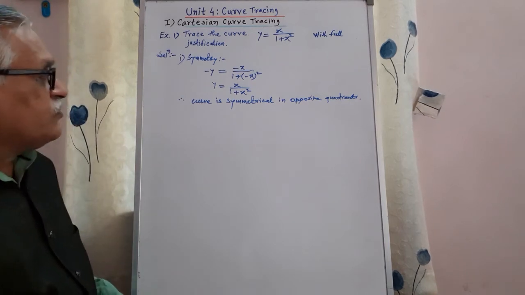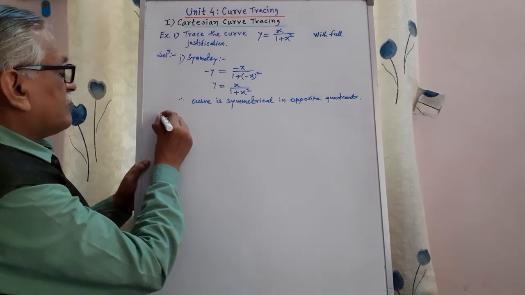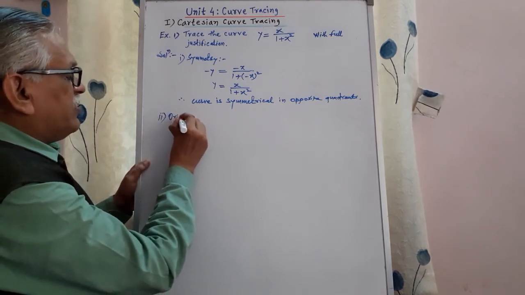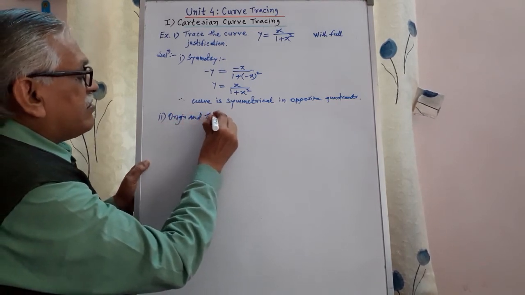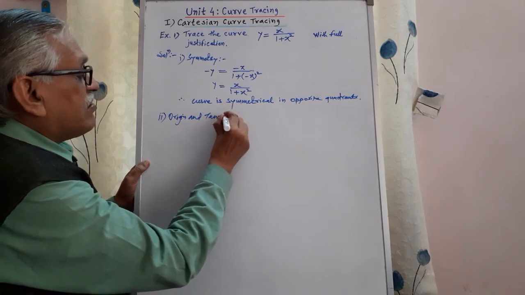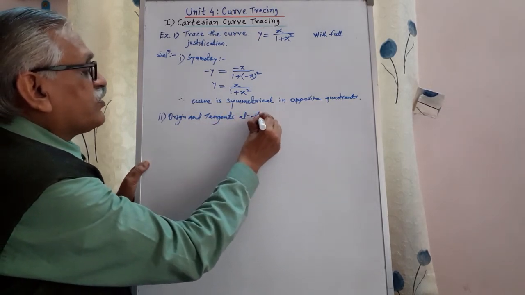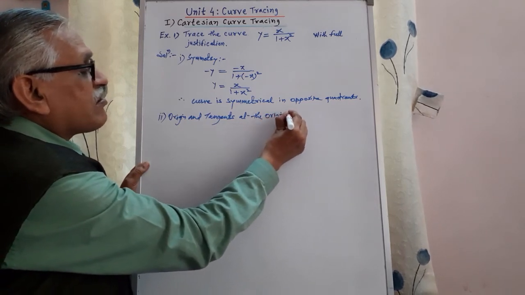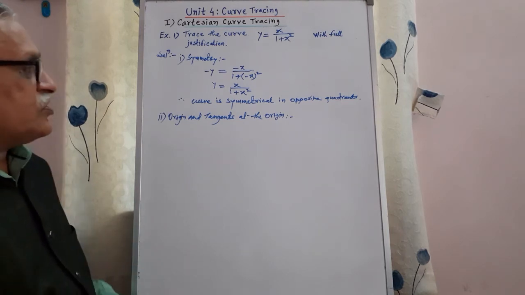Then point number 2, origin and tangents at the origin. We have to check whether curve passes through origin or not.